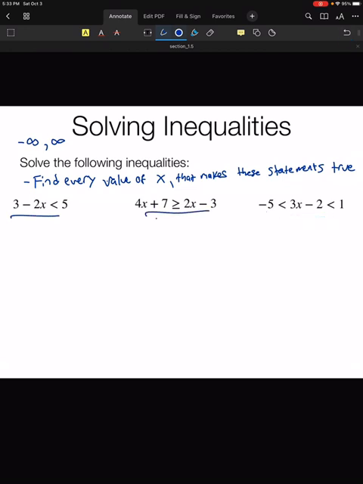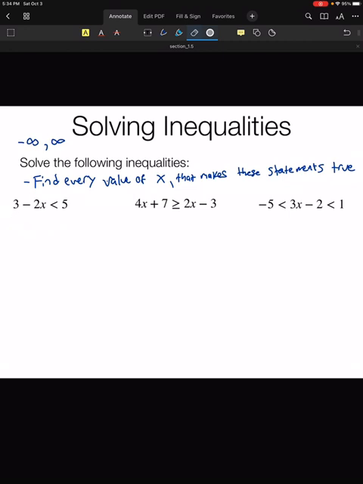So we have three different examples, and in your mind, you should think of this as trying to solve 3 minus 2x equals 5. What would you do? You have a number of steps that you're used to when you solve this equation, but instead of an equation, I now have an inequality.